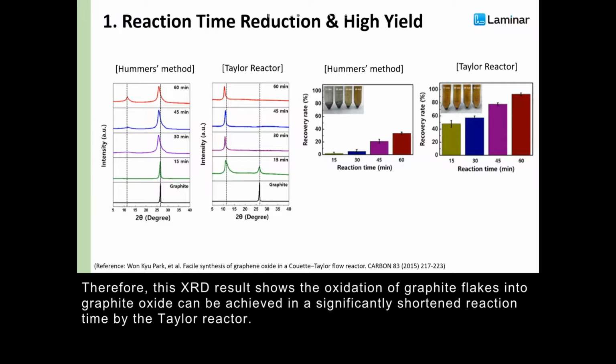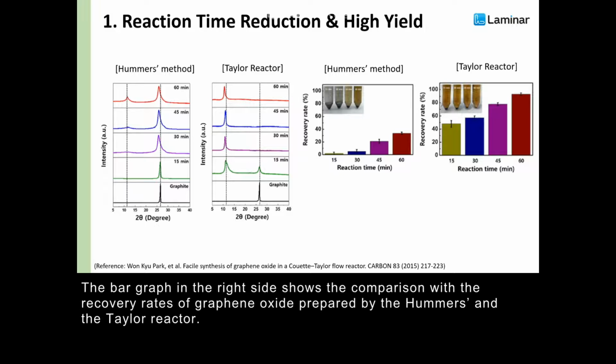Therefore, this XRD research shows the oxidation of graphite flakes into graphite oxide can be achieved in a significantly shortened reaction time by the Taylor reactor. The bar graph on the right side shows the comparison of the recovery rates of graphene oxide prepared by the Hummers method and the Taylor reactor.